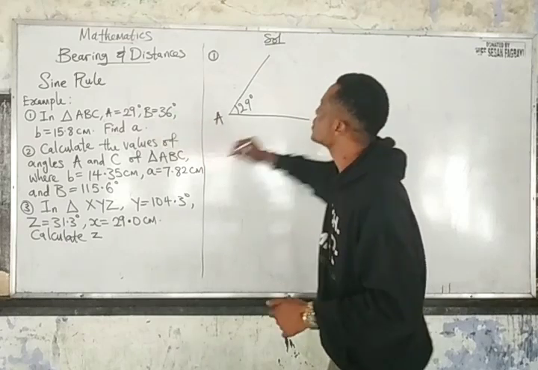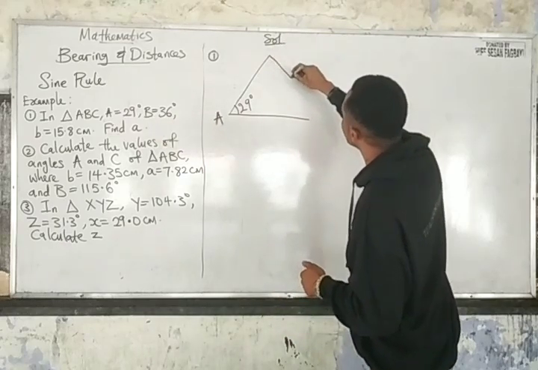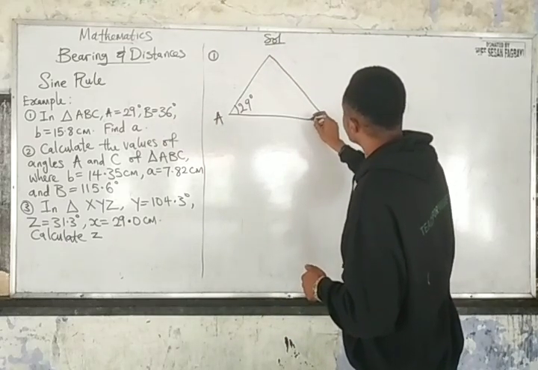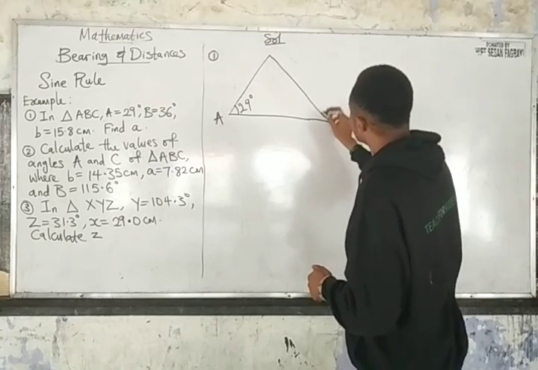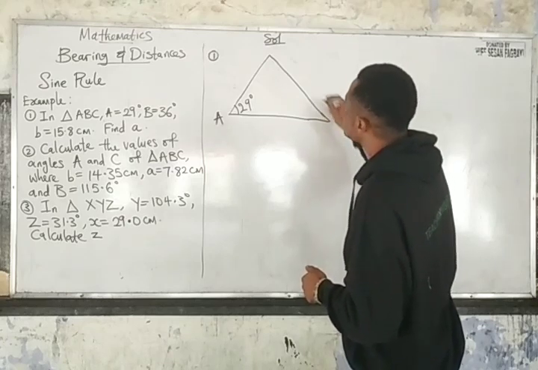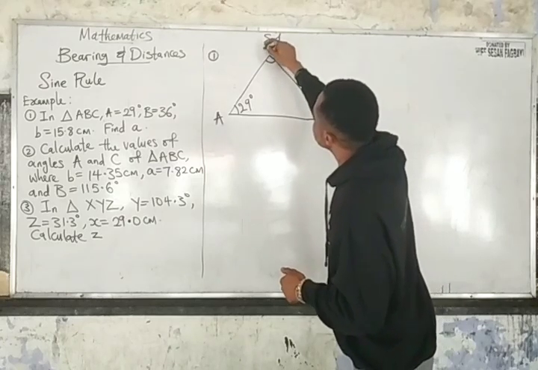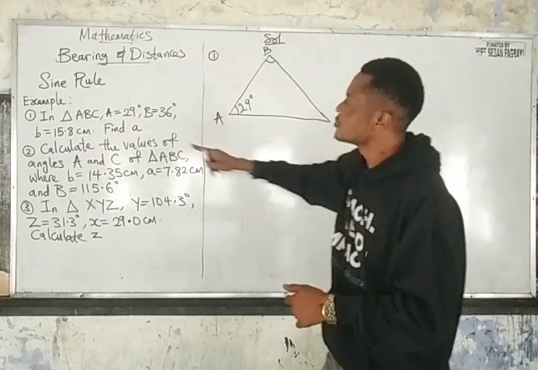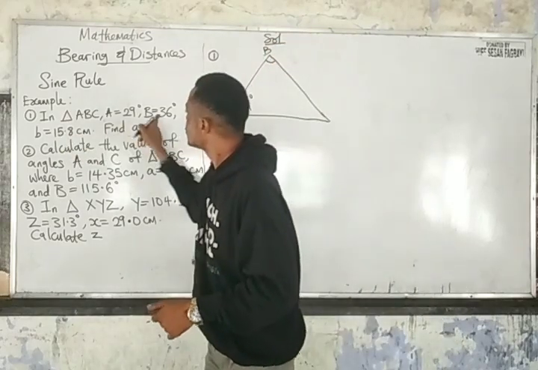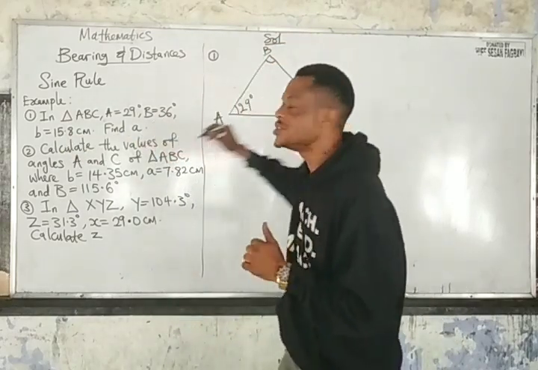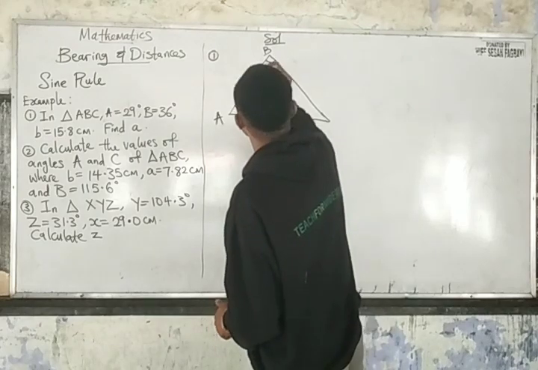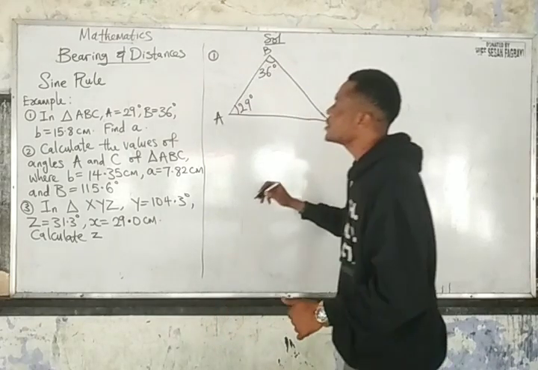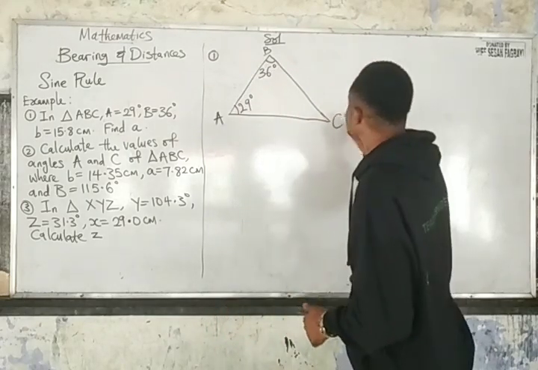Equally, the B is 36 degrees, so I have 36 degrees here. Definitely we have the C here.